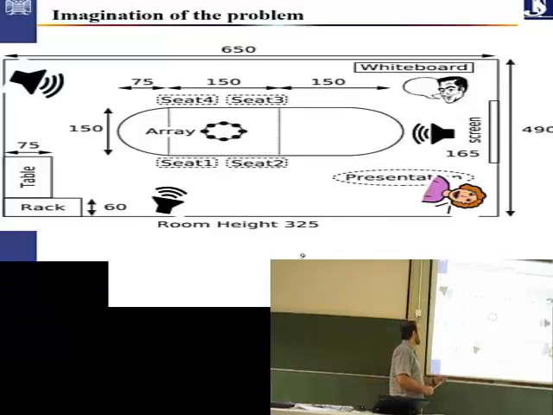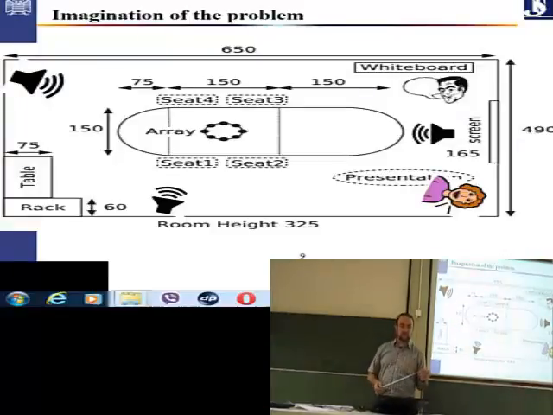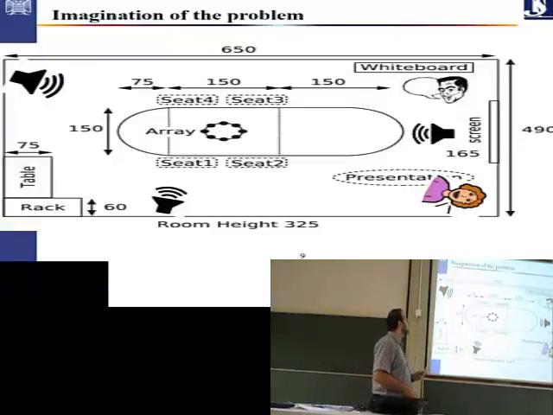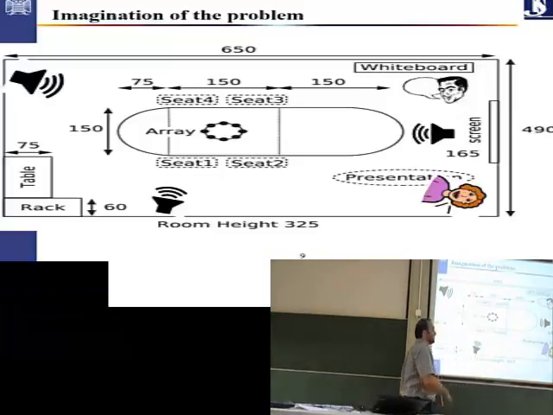One very good example of this is the Wall Street Journal data, which is captured in a room using an 8-microphone array. So there's a microphone array with 8 sensors, 8 microphones, in a circular geometry.